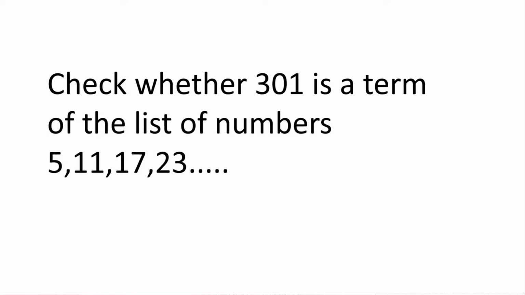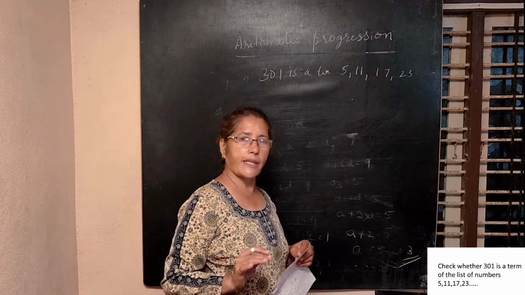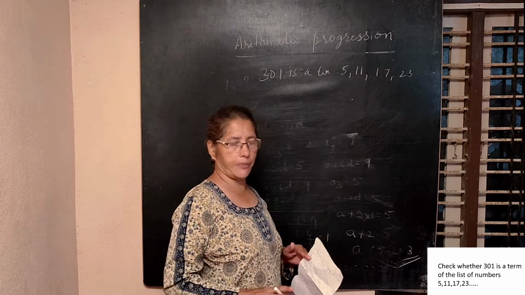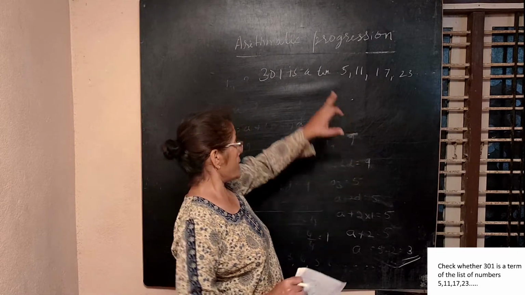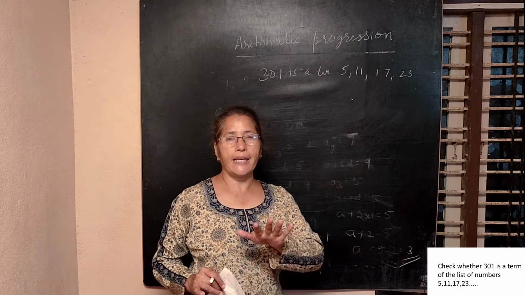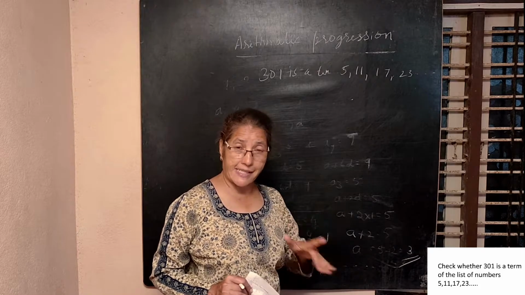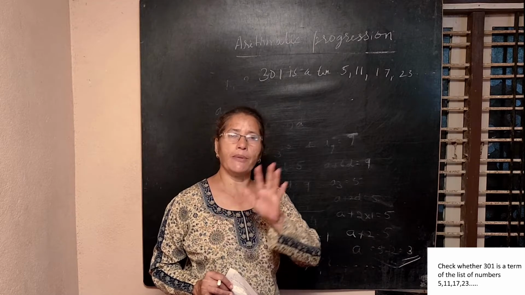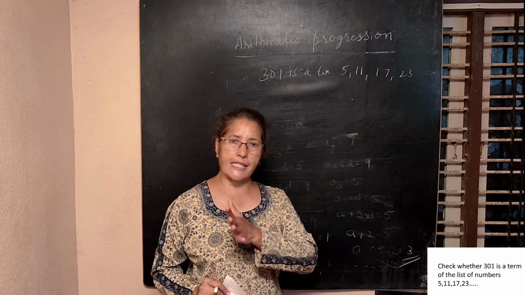Suppose I ask you, is 12 a term in 4, 8 and so on? You say yes. So 4, 8, 12. 12 is the third term. Suppose I say, I get n for 301, and n is equal to some whole number, then this 301 exists, otherwise no. See, if I say is 40 a term in the sequence 4, 8, 12 and so on, you know 4 tens are 40.